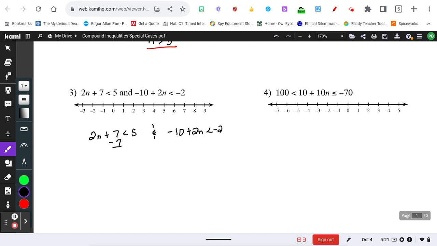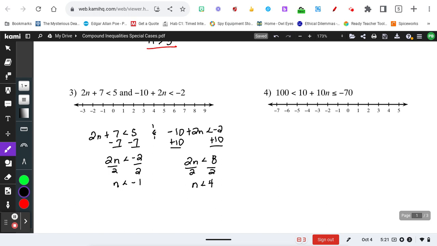All right, we're going to subtract 7 from both sides here. And when I divide, you got n less than -1. Here I'm going to add 10 to both sides. When I divide both sides by 2, I get n less than 4.